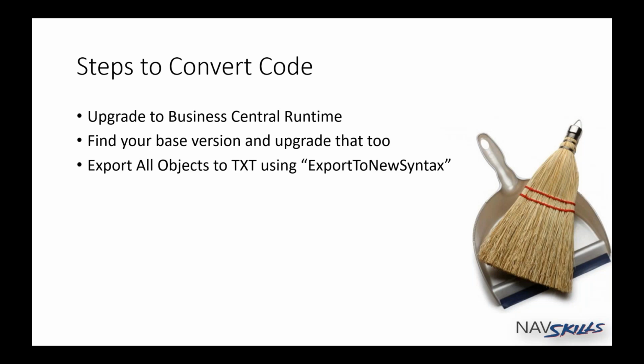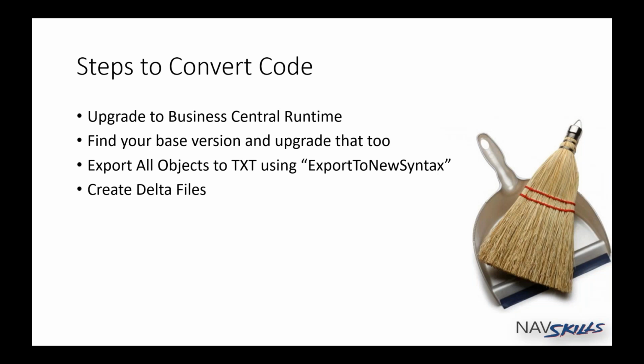Then you have to export all your objects to TXT using export new to new syntax, and I'll come back to how you do that later. But this is basically happening in MS-DOS, in the MS-DOS command prompt. And then you have to create the Delta files. So if you were an early adopter of Delta files and you have been working with Delta files from the moment Microsoft made them available, which is a pretty long time ago, then this is very familiar for you.